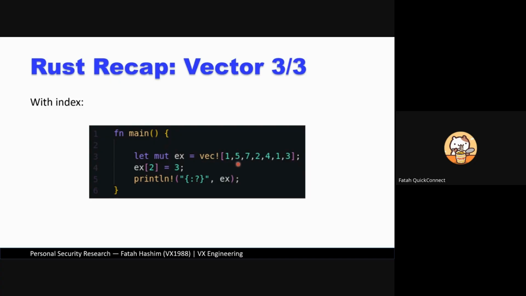All right, 1, 5, 0, 1, 2. Okay, on the 7, and it will change to 3. So the output should be 1, 5, 3, 2, 4, 13. All right, that's the output. Okay, here's the display here.